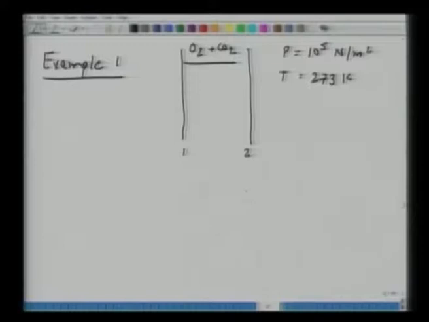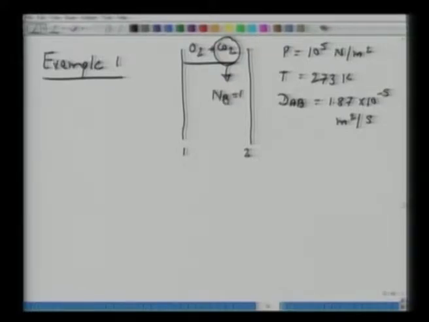Also given is the binary diffusivity of A and B, oxygen and CO2, which is 1.787 times 10 to the power minus 5 meter square per second. The carbon dioxide, CO2, is stagnant. When we say CO2 is stagnant or non-diffusing, essentially we are saying that N_B equals 0.